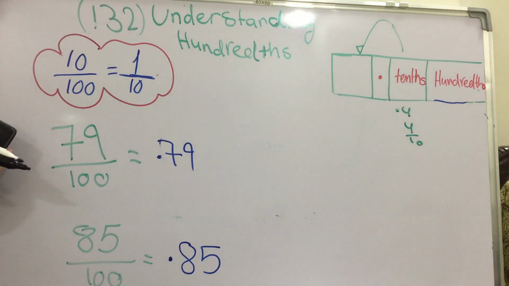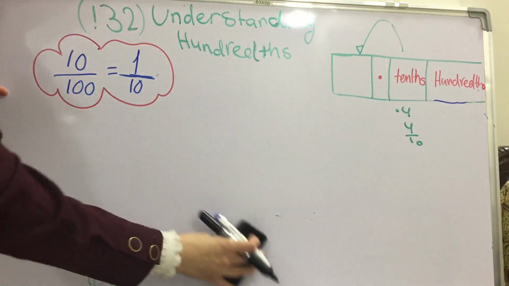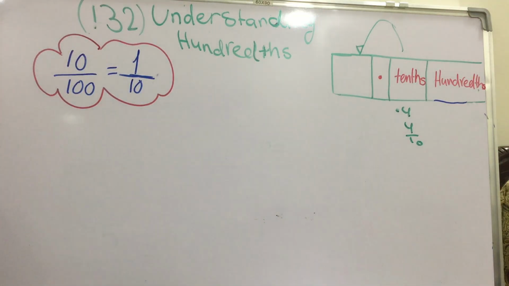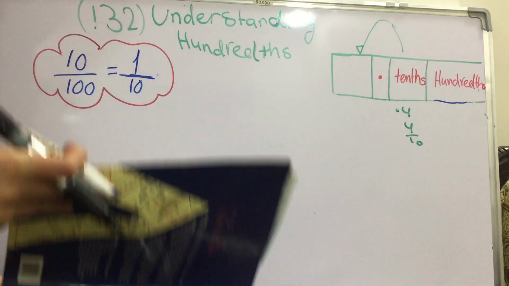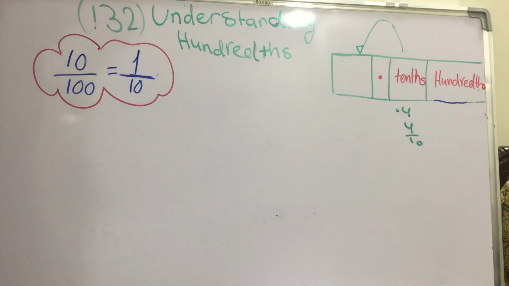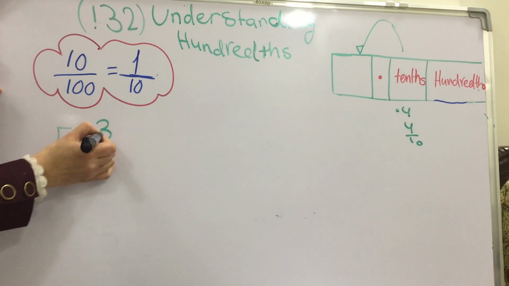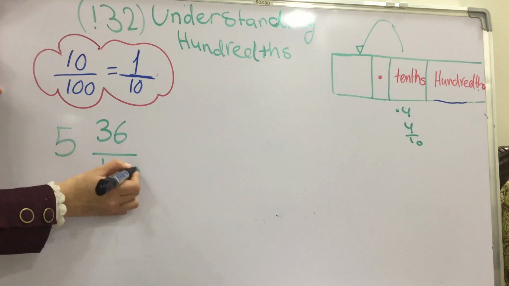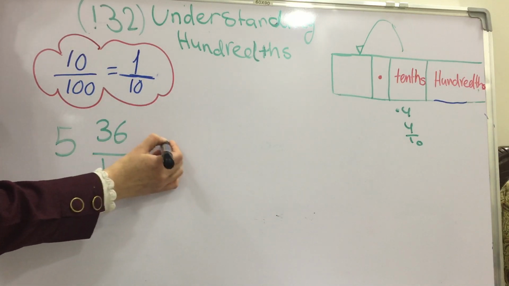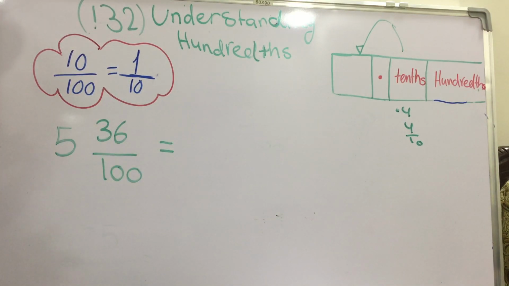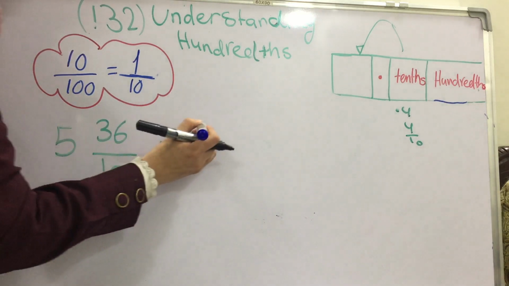Okay, now in your book, if I have this number, I will write it here: 5 and 36 over 100. How can I write this as a decimal? Who can help me? I always start with the whole number, which is 5.